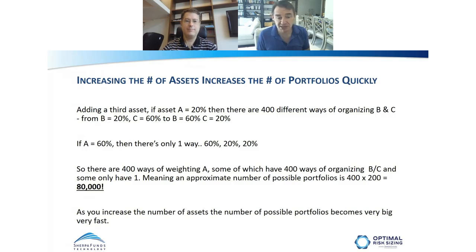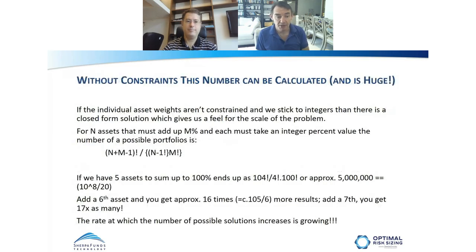You add this third asset, and even with this very artificially simple portfolio, you end up at 80,000 possible portfolios. So you've already moved from something which is easy to visualize, 600 portfolios you can imagine in an Excel sheet, to 80,000, at which point it's quite hard to see what's going on.